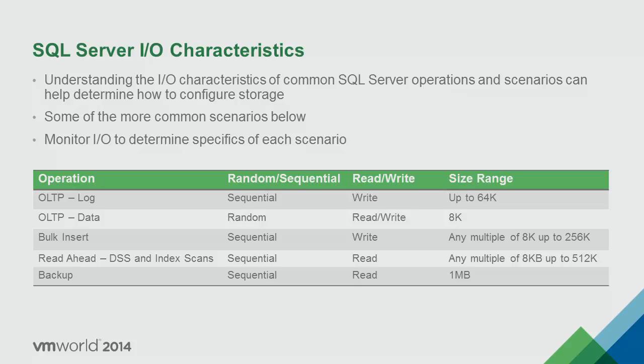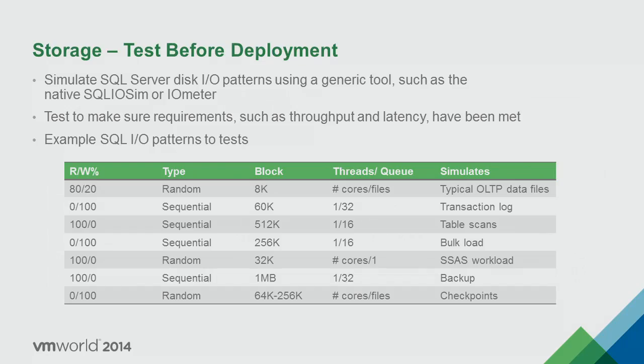No. Okay. So I have this saying that I say, check it before you wreck it. And when you're working with your DBAs and they tell you, here's the type of workload we need to sustain, one of the things you can do is you can take a tool like Iometer or SQLIOSim, and you can input these variables down here and test the disk subsystem to see if you architected that virtual machine to give them the throughput and the workload you need before you give it to them.